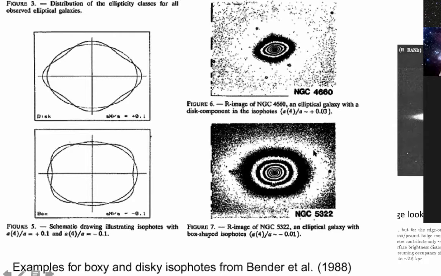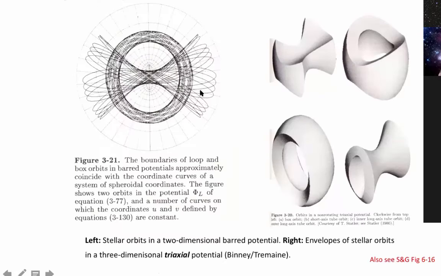Look at this galaxy in the bottom here. It's a real classic elliptical galaxy, and you can see that it has an excess of stars on these box orbits. It requires a somewhat triaxial gravitational potential to explain this. It just shows you some of the box orbits that you get, which explains why some elliptical galaxies are boxy.